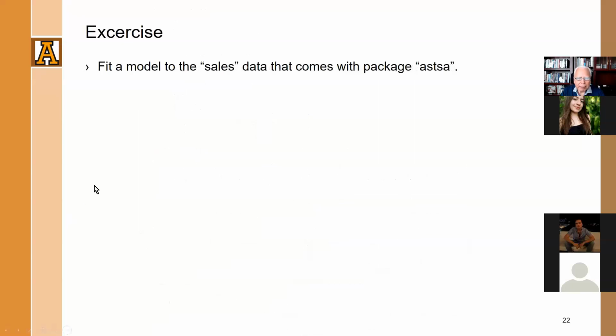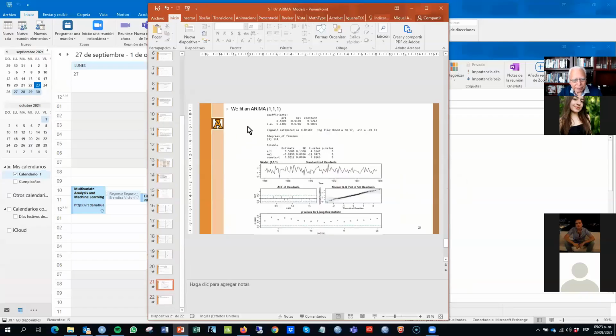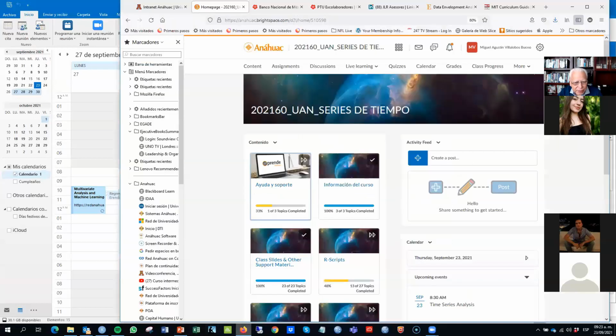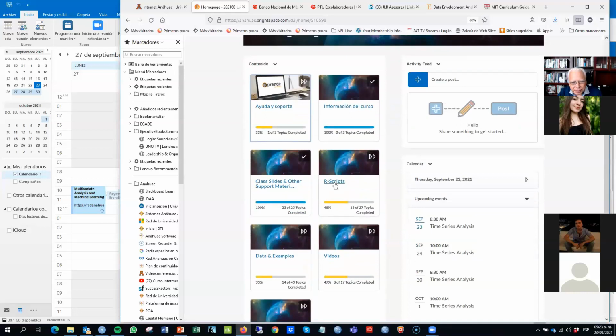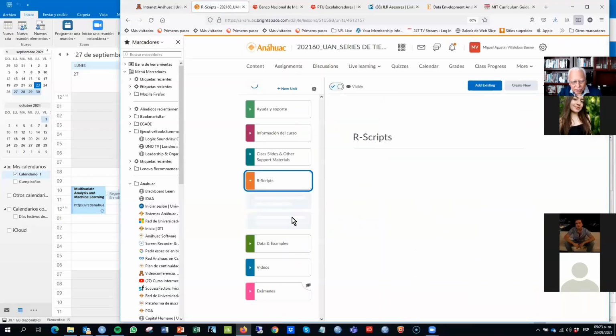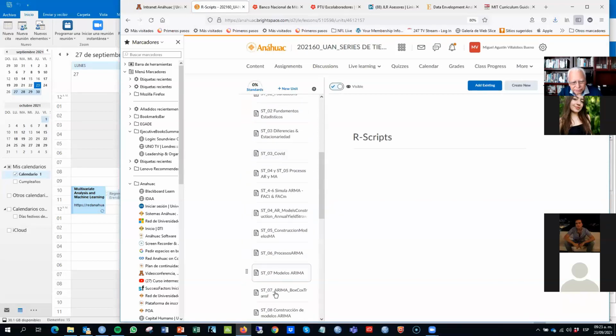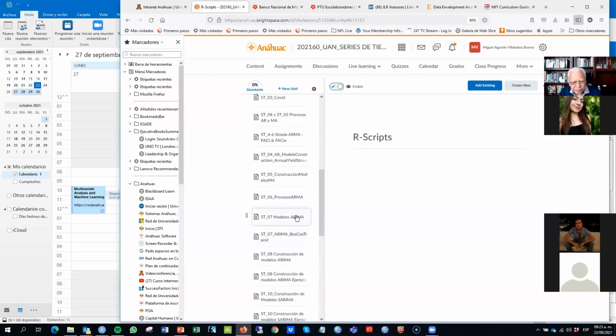Now I'm going to go over these armed robberies here with the R script. There you have the R script in scripts. It's called ST07, Modelos ARIMA.